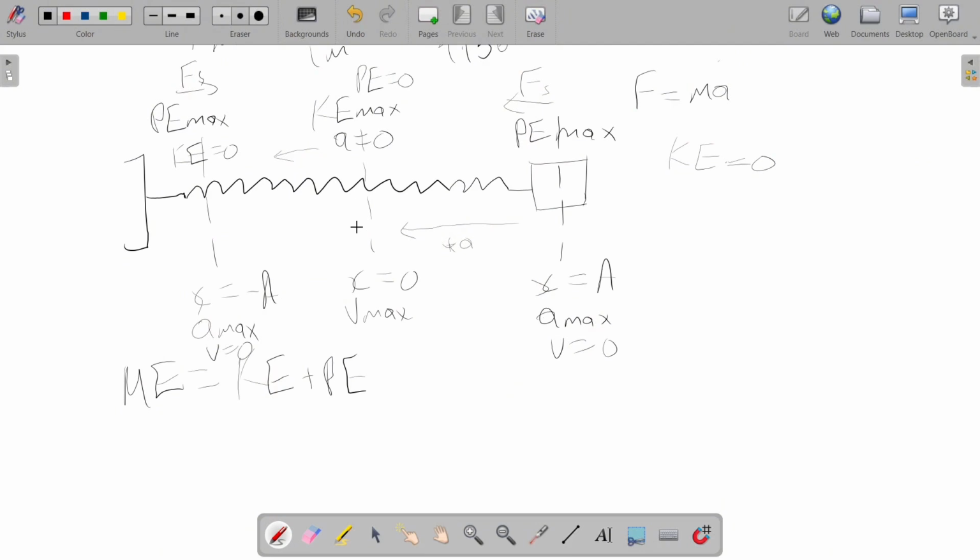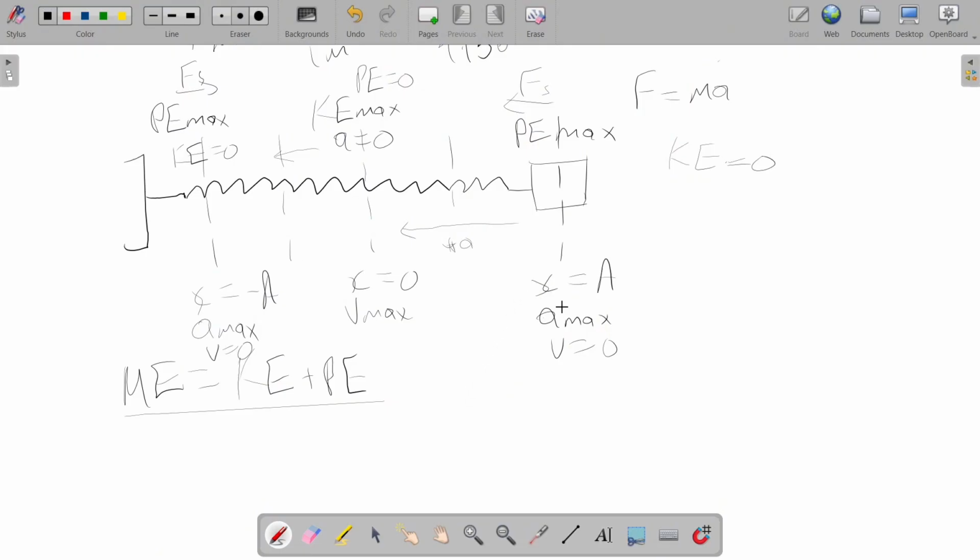But here where there is maximum velocity, we get the maximum kinetic energy. So what happens between these points? What happens here and here, for example? Well, it's simple. At these points, you won't have a maximum potential energy and you won't have a maximum kinetic energy either. So it will basically go back to the default where the mechanical energy is equal to the sum of the kinetic energy and the potential energy. Simple as that, right? Very easy, very straightforward.